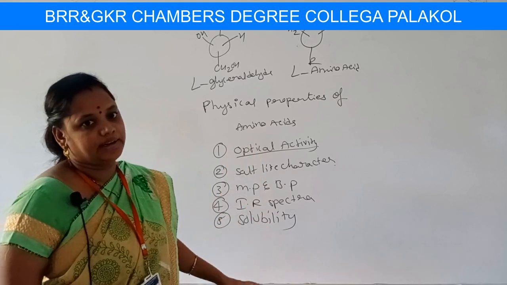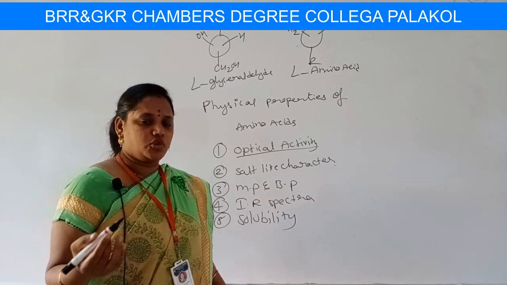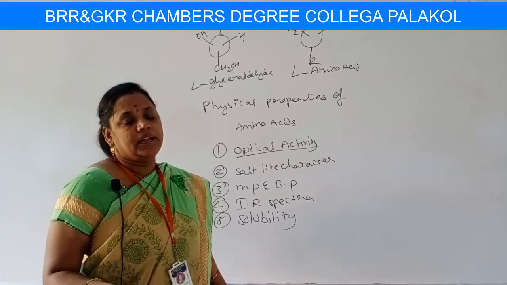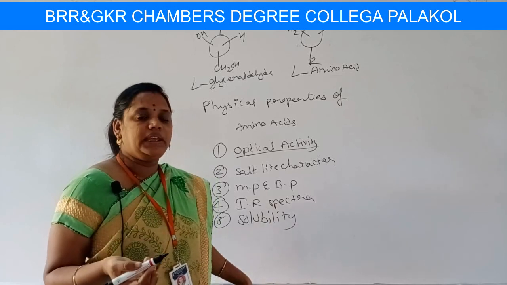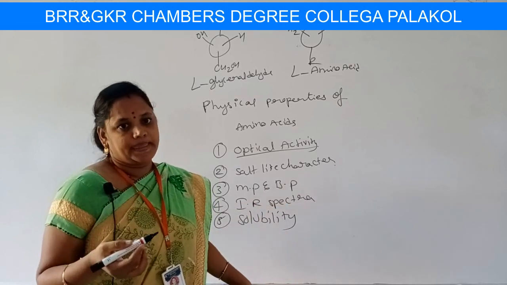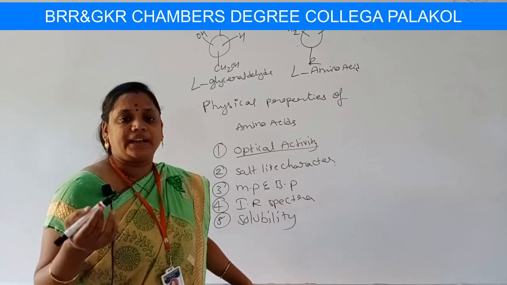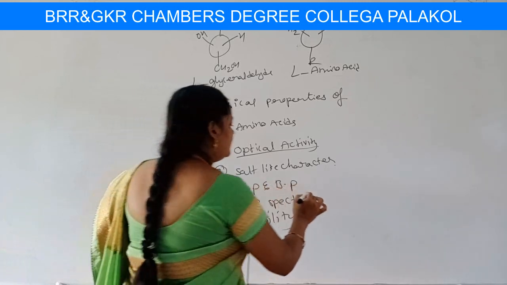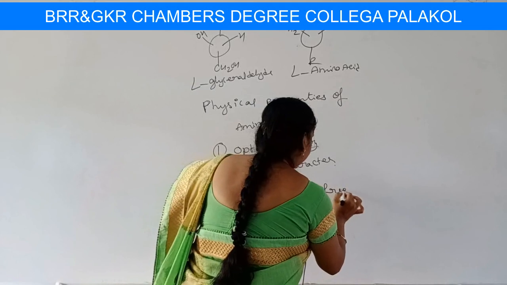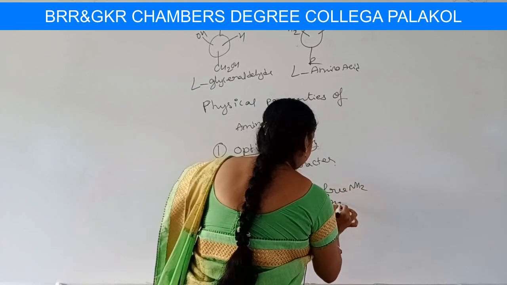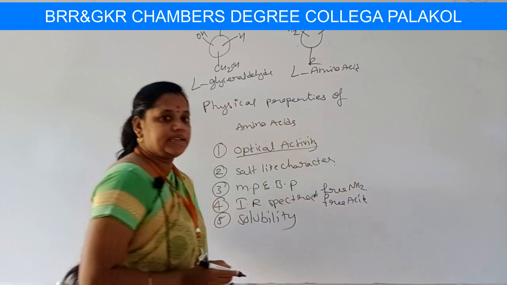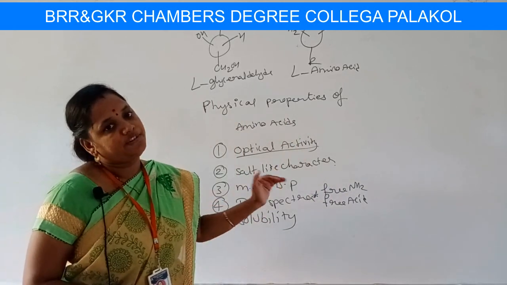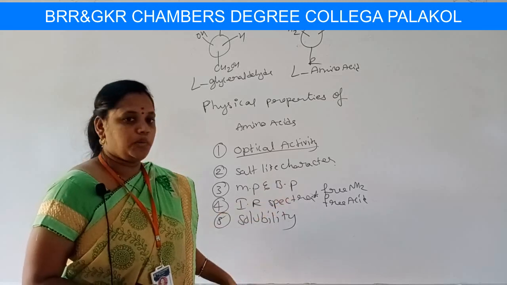Next, IR spectra. If you study the IR spectral analysis of amino acids, what we observe is that we are not observing any spectra for the free amino group and free acid group, which is a very important point. It is a very important point.